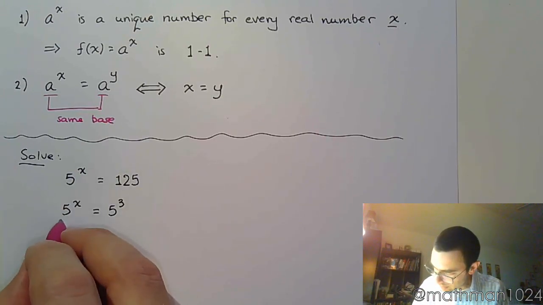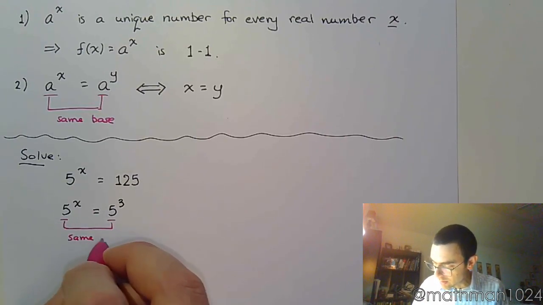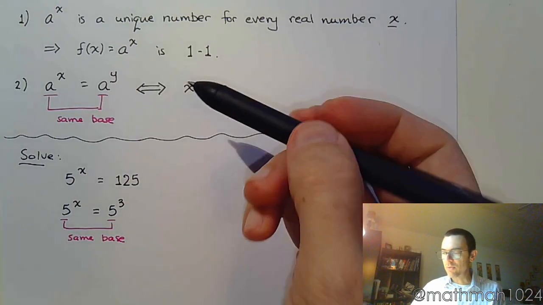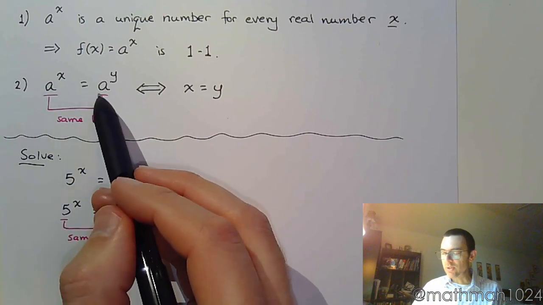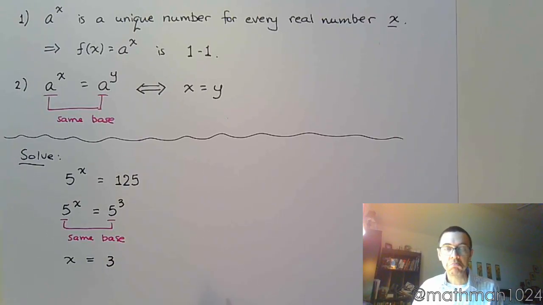And now, since these guys have the same base, according to the statement that we have right here, that means that their powers must be equal. So x must equal 3. And so there you go.